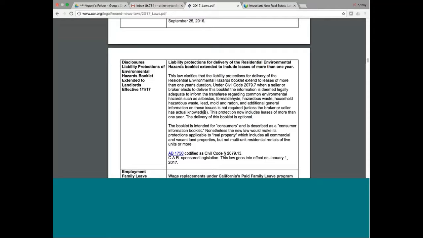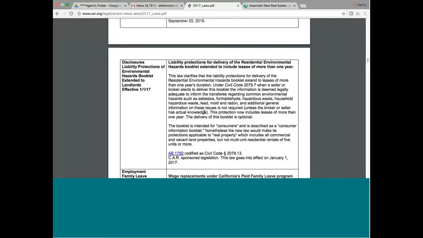Now let's say, for example, you do your visual inspection, correct? And you somehow neglected to inspect the area under the kitchen sink. And the buyer brings a lawsuit against you, right? And the buyer said, all right, you were negligent in doing your visual inspection.